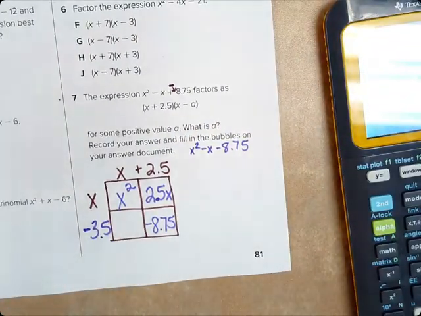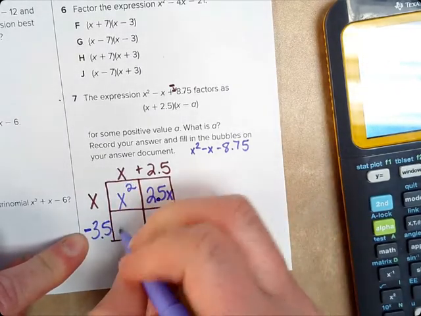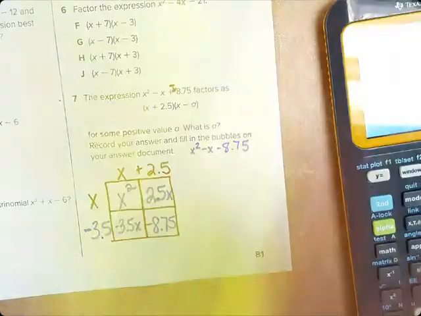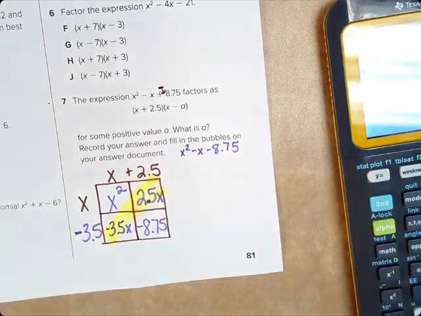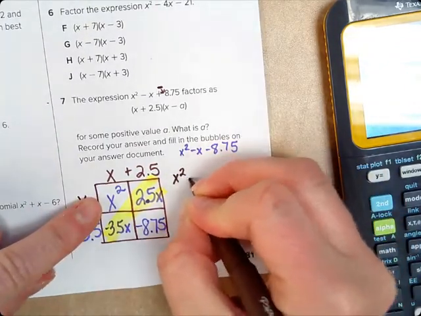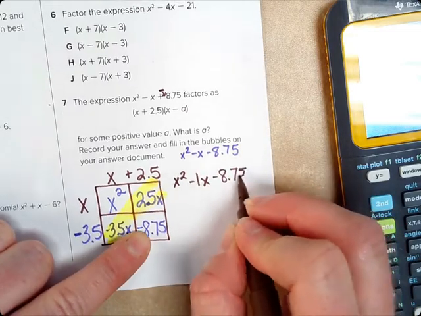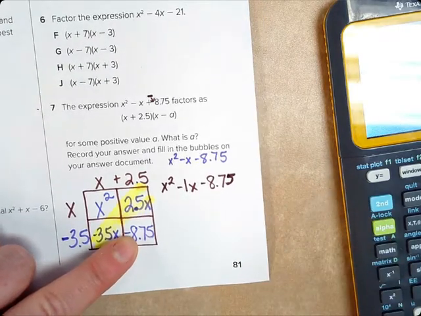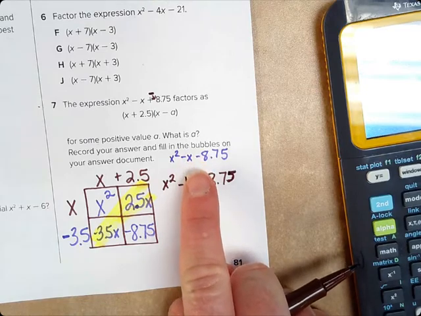And let's just double check that that works. Let's do negative 3.5 times x. Negative 3.5x. And if I add these up, what do I get? Yep, negative 1x, negative 8.75. So that is the same thing that I was looking for.